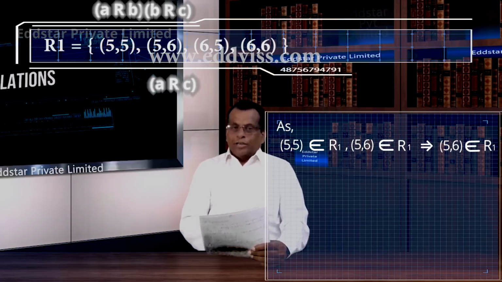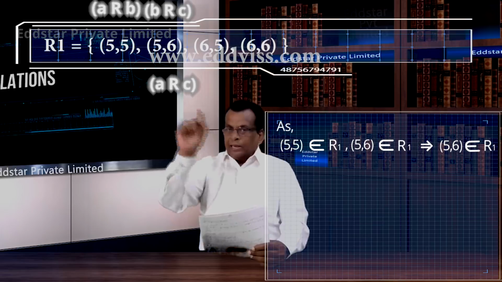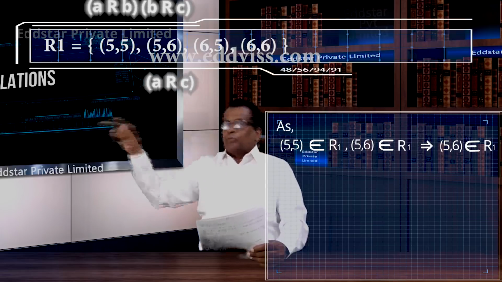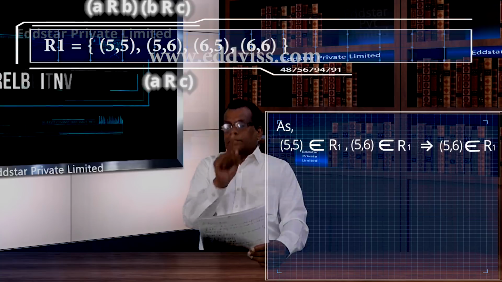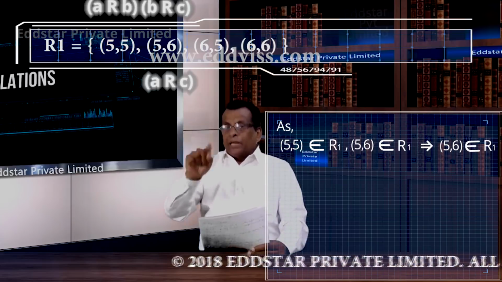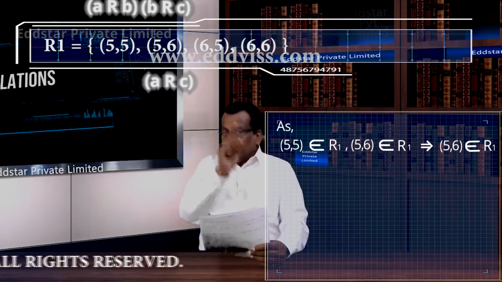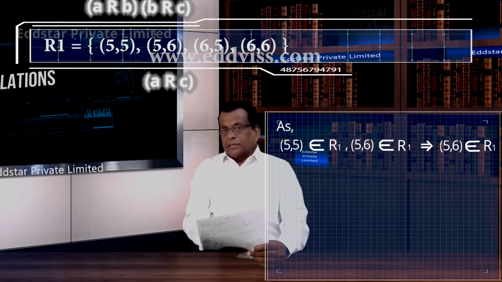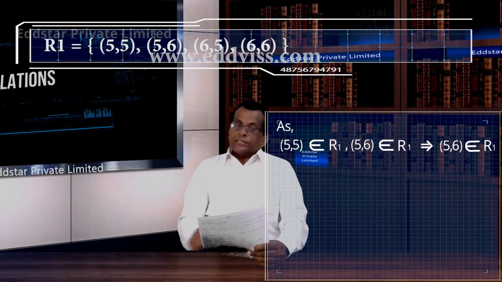Even though it is already taken, (5,6) is present. One minute, look: (5,5), (5,6). If A is related to B and B is related to C, then A should be related to C. Now look, in (5,5), A is 5, B is 5, and in the second bracket B is 5, C is 6. If so, then (5,6) should also be present. Is it? Yes, (5,6) is already there. So that is also a relation.